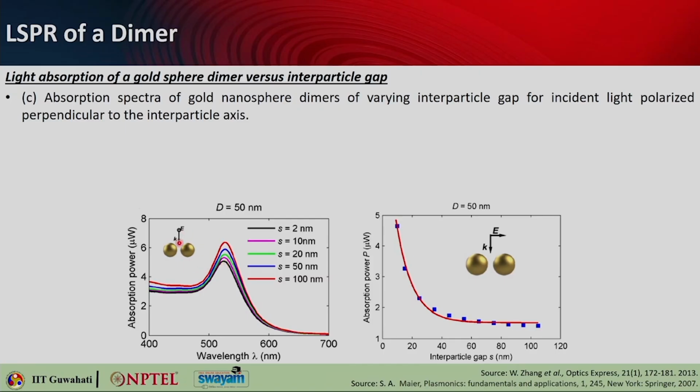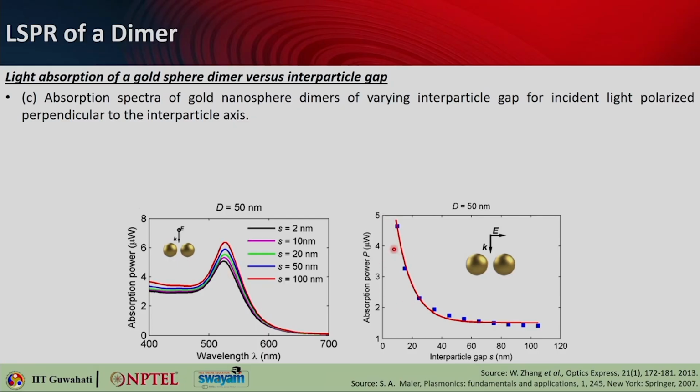Because you can see here the electric field is in and out of the plane, and that is how each particle is more or less behaving like a single particle. The coupling between them is along this axis, but there is no electric field along this axis. So, there is essentially no effect of coupling.